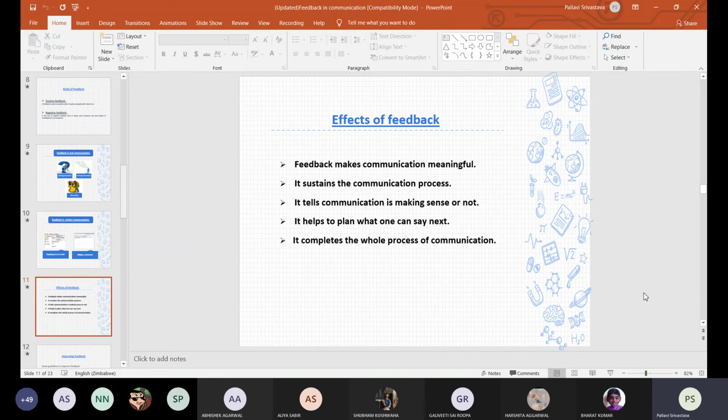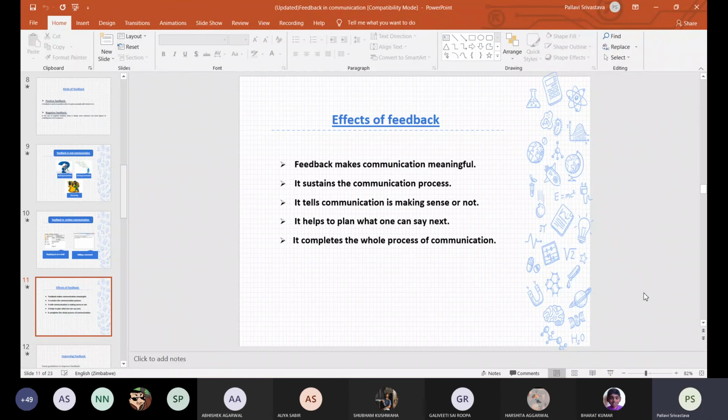When he tells you that he will not be able, or he will be absent today, you can ask him to meet you the next day. This is a very simple example. The thing is that it sustains the communication process. The feedback lets it run smoothly, if you are alert enough.